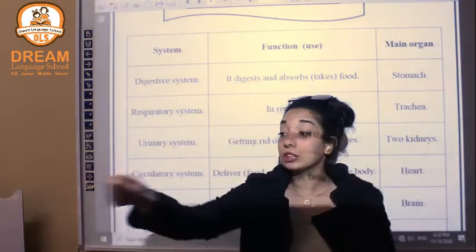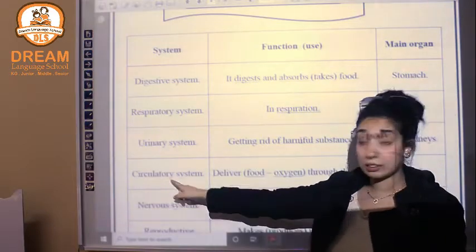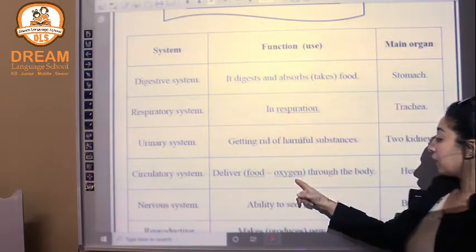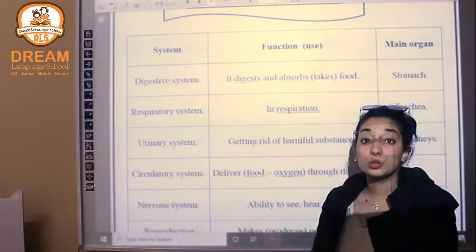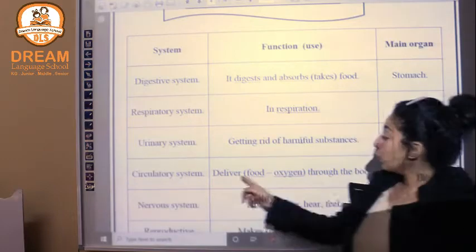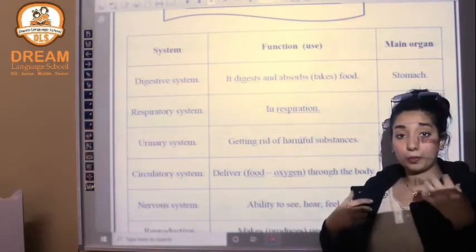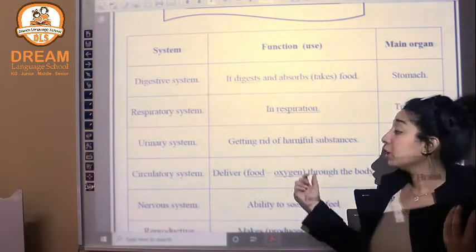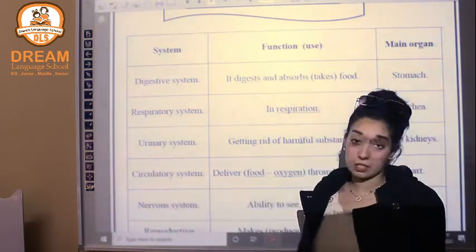So this is circulatory delivery: delivering the food and oxygen through the body. Who gives the food and oxygen to all the body after I digest? The circulatory system. What is the main organ? It is our heart, the organ which is responsible for the circulatory system.